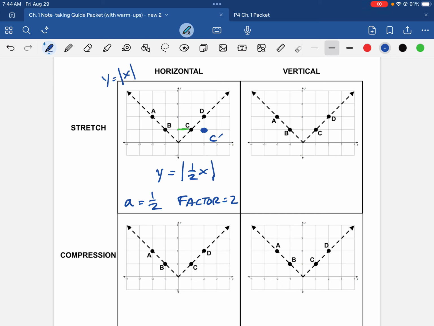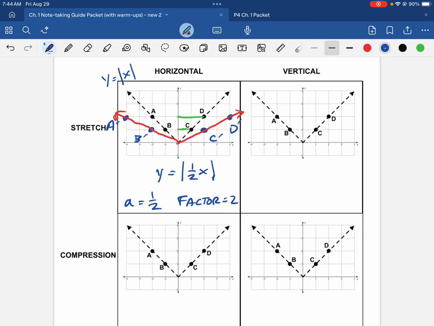That's C prime with the little apostrophe to show that's my new point C. And point D, I can see is 2 units horizontally from the center, so I want to double that, and that's going to put me out here. Okay, and then the same thing happens on the other side. So B prime would be here, it's just a mirror image, and A prime would be here. Okay, and then if I draw this in, so I've got a wider V by way of a horizontal stretch.